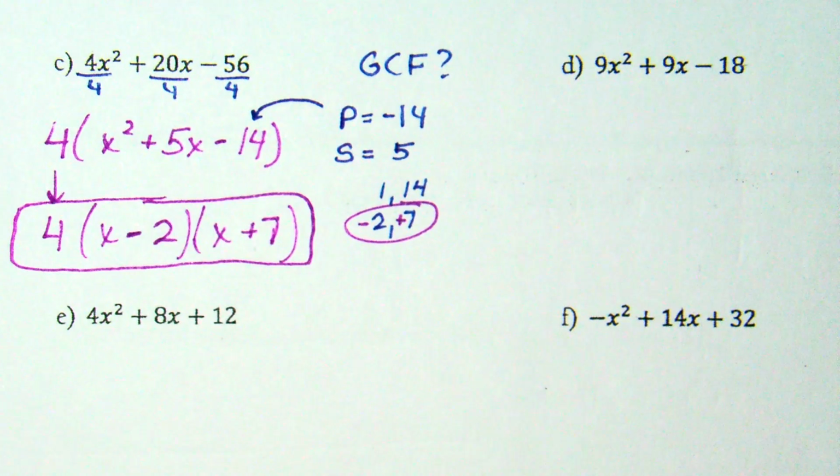Is there a way to flip it around to where we get 4x squared plus 20x minus 56? From our bottom part, is there a way to multiply it back to get to the original problem? Yes, you would want to FOIL these two back together and then multiply by 4.